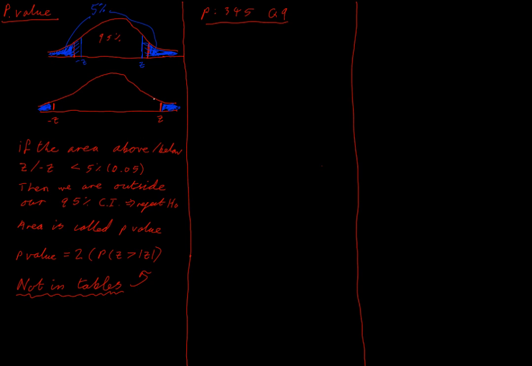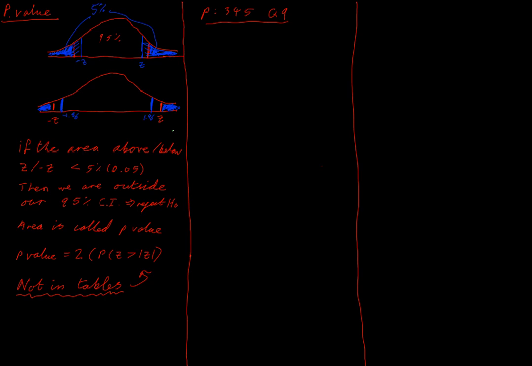Likewise with my example that I have drawn down here, you can see that these two graphs are supposed to be very similar. This would be the 95% confidence interval. This would be my minus 1.96. This would be my plus 1.96. And the area in blue in this one is smaller than 5%. So we would say that we were outside of our 95% confidence interval.